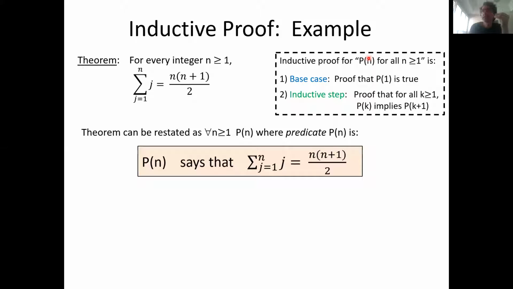If the statement is of this type, and it is, then the inductive proof for it will consist of two parts. The base case: prove directly that this predicate holds about n equal 1. Secondly, the inductive proof that if this predicate holds about argument k, then it holds about argument k plus 1.